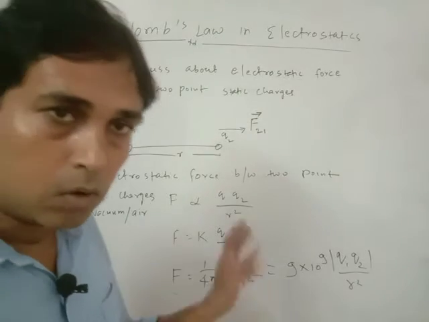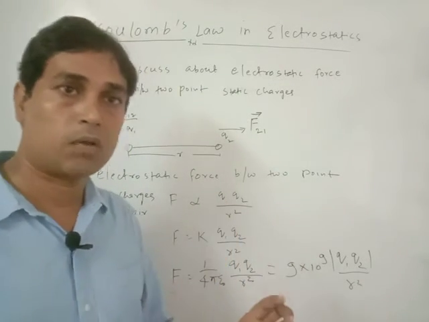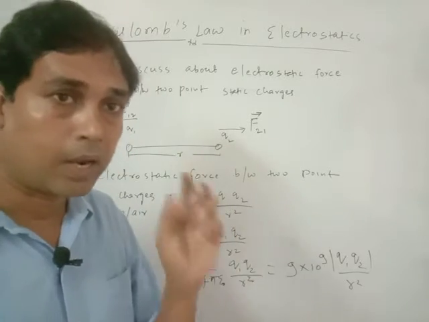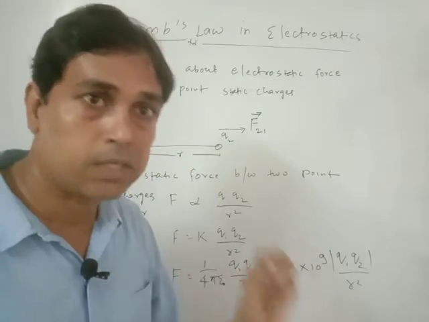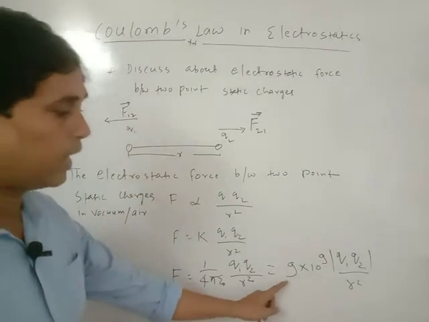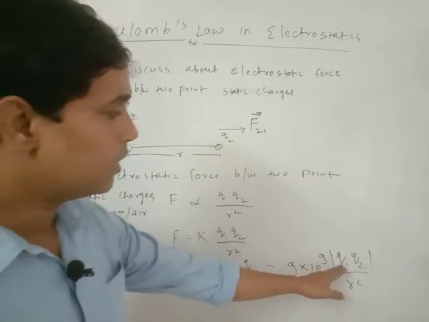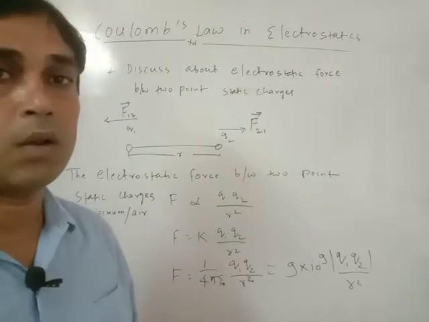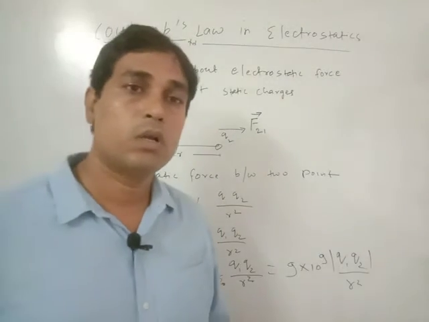Coulomb explained the electrostatic force by the torsion balance, and he equated F as 9 into 10 to the power 9 Q1 Q2 by r square when the charged particles are placed in a vacuum or air.